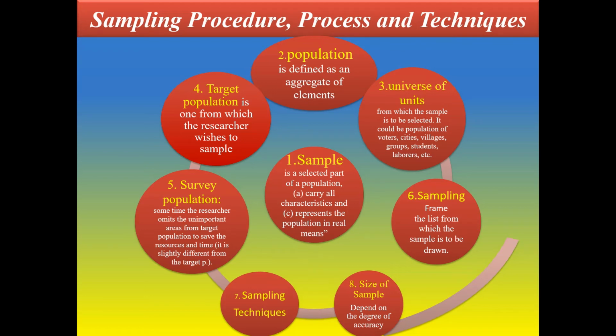If you are doing research on the labor of any industry, then the register of the labor. If you are doing research on the Senate elections, then the register of the electoral college could be the sampling frame. This is called the sampling frame.